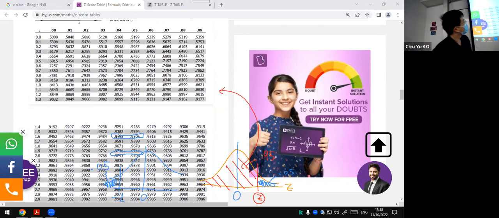This is 0.9495, and that is 0.505. So it's 1.6, between 0.04 and 0.05, so you take the middle one. It's 1.65. Is that okay? You can pick up whatever table you like, and it will work.